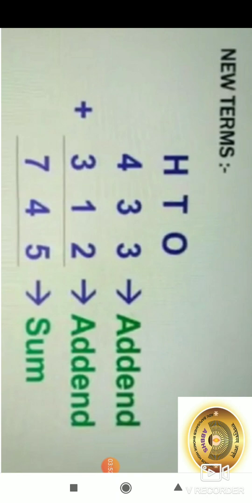Or simply, the numbers to be added are called addends. And the answer of the addition problem is the sum. What do we call it? Sum. So here 433 and 312 both are addends and 745 is known as the sum.